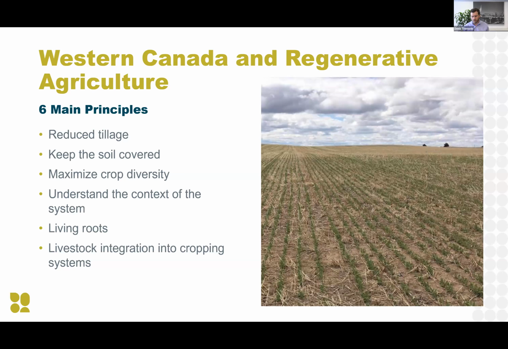I don't know if you can do better than a lot of the farmers we have in parts of the prairies around those concepts. In some cases, adding things like living roots to a system, or integrating livestock into a cropping system, are local challenges that don't make sense for specific producers.